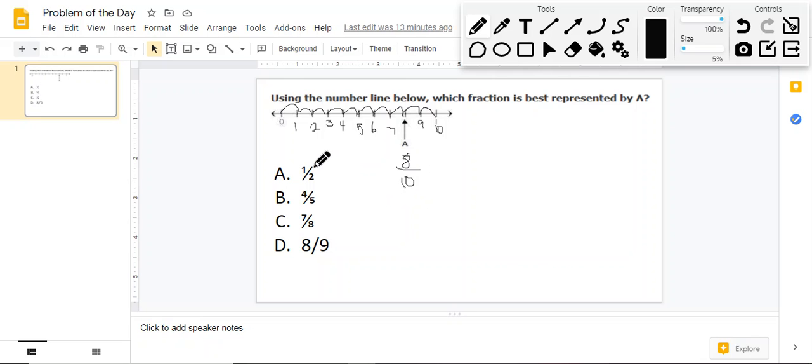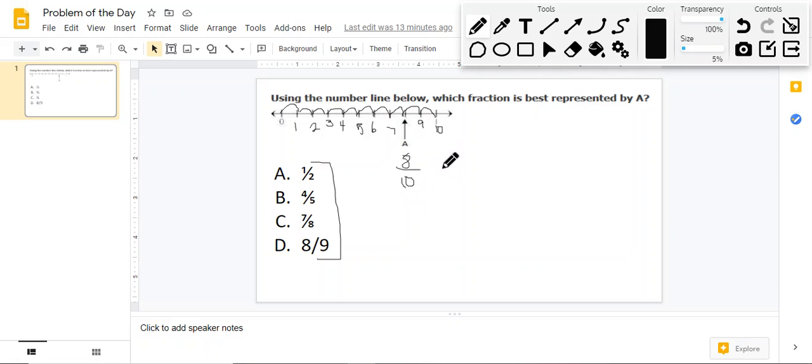I don't see 8/10 anywhere on my list. So that tells me that these have been simplified, that 8/10 has been simplified somehow. So if I'm having trouble with simplification, which most of the time I just need to divide by 2 or make 8 and 10 in half, but I can always make these into decimals to see which matches.